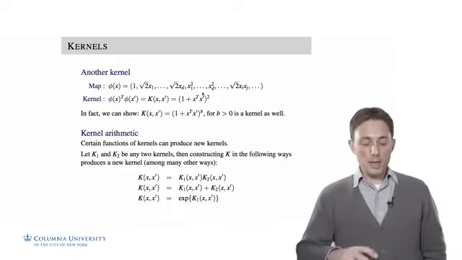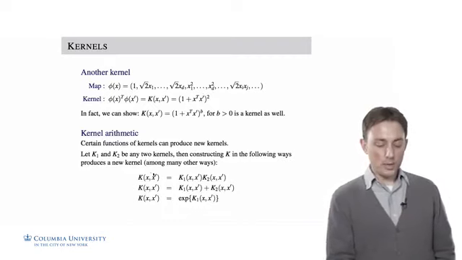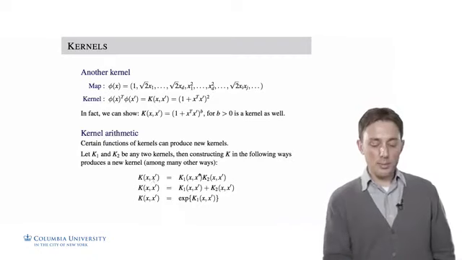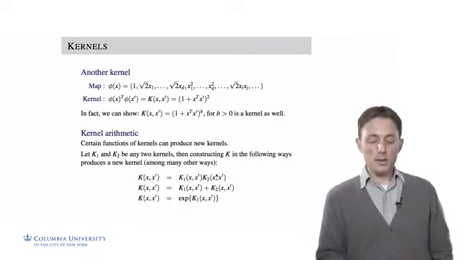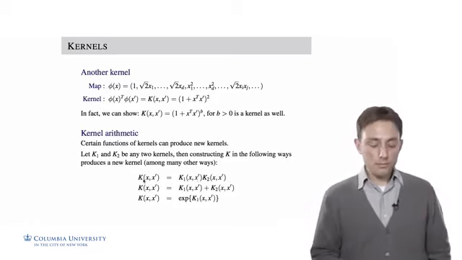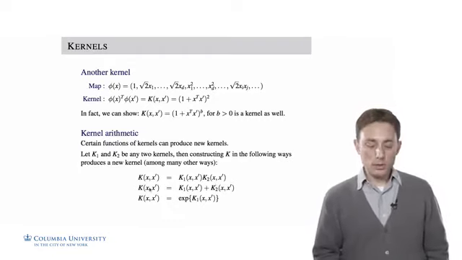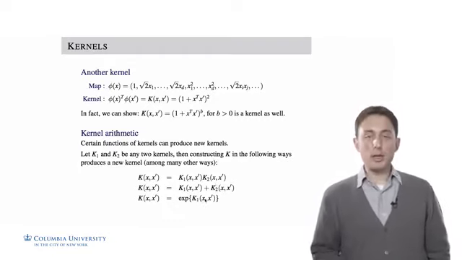And then we perform some functions of these kernels. For example, we construct a new kernel where we take the function between x and x prime to be the product of these two separate kernels on those same 2 points. That's still a kernel. Or if we add two kernels, we still have a kernel. Or if we exponentiate a kernel, that's still a kernel.